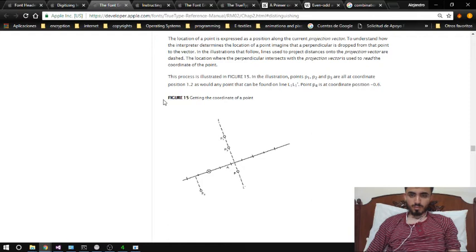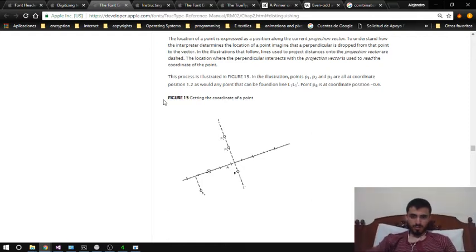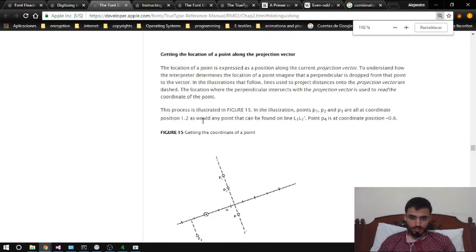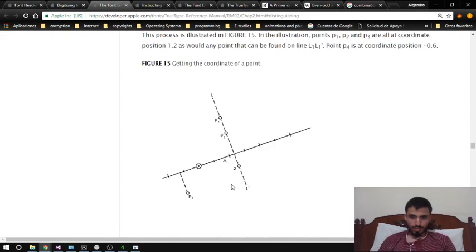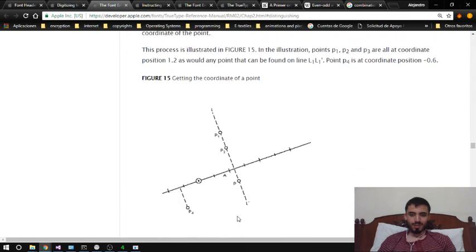In the illustration, points P1, P2, and P3. Where's P3? Where's the P3, man? Oh my god. I will assume that this is P3.